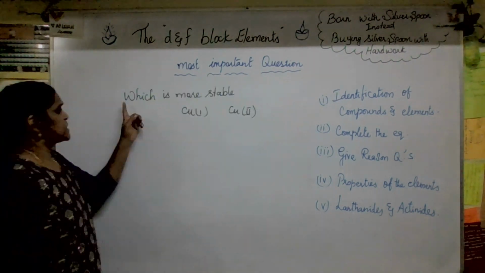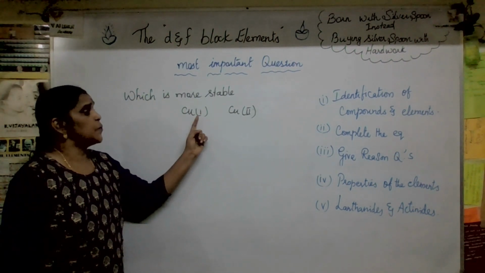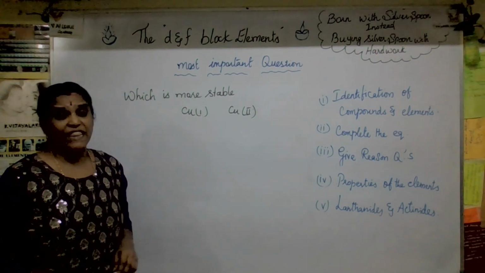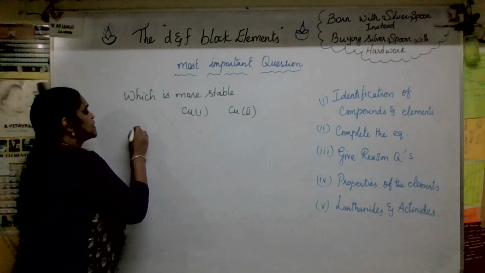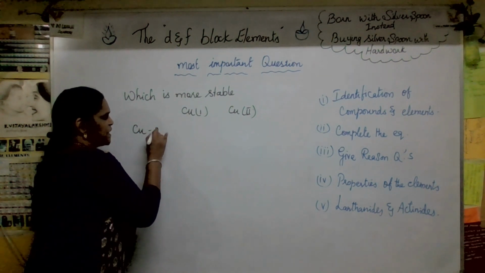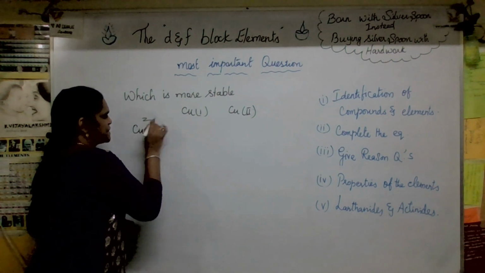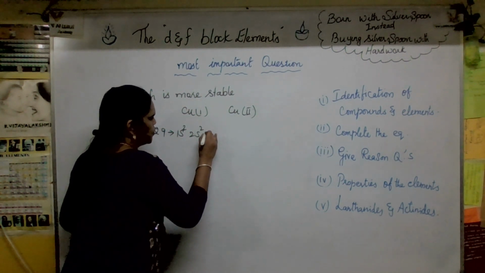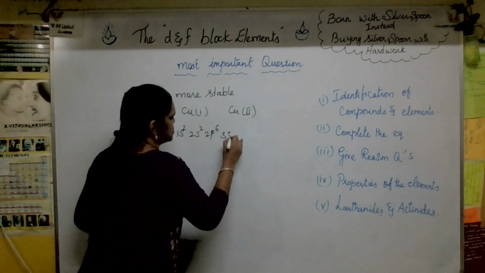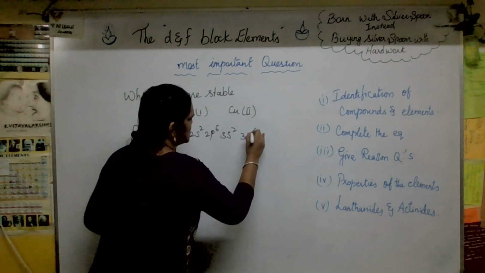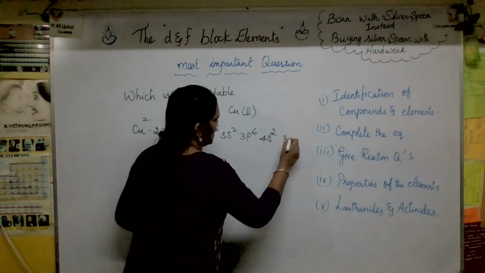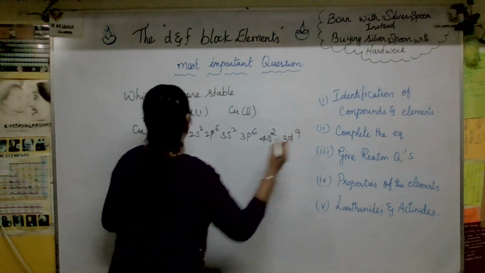Now one more question. Which is more stable, the Cu+ ion or the Cu2+ ion? They will ask the question in that way. Copper's atomic number is 29, right? So how can you write it? 1s2, 2s2, 2p6, 3s2, 3p6, 4s2, 3d9.